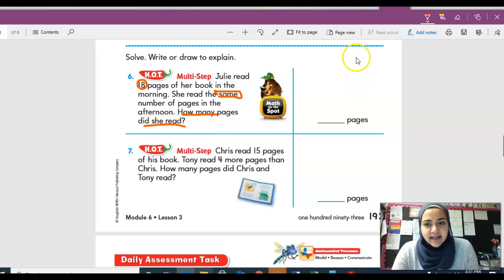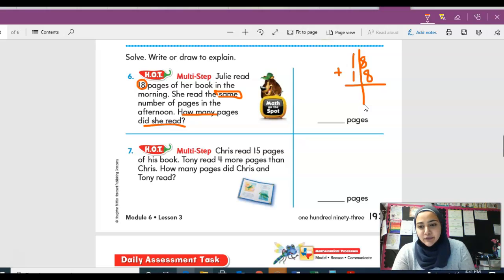If she read 18 in the morning, and she read the same number of pages in the afternoon, so then she read 18 in the afternoon. Okay, she said 18 in the morning and then 18 in the afternoon. How many pages did she read? So we're just adding 18 plus 18.